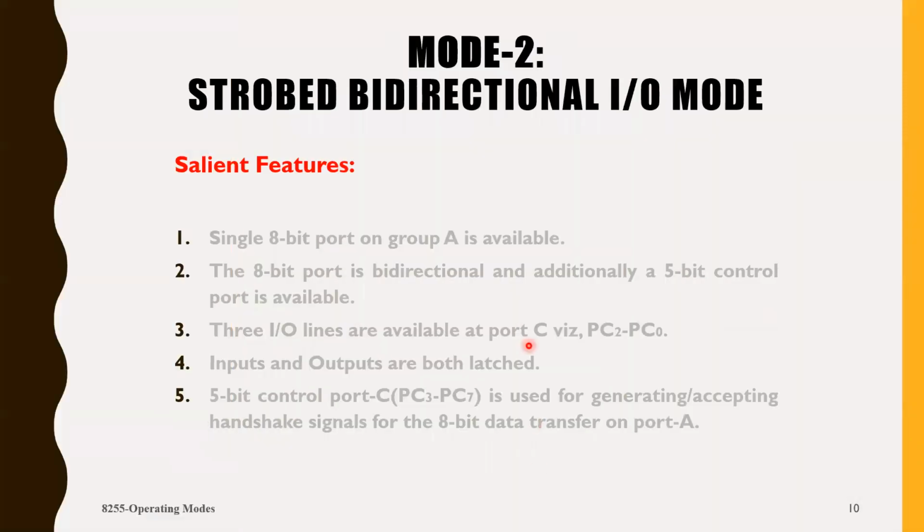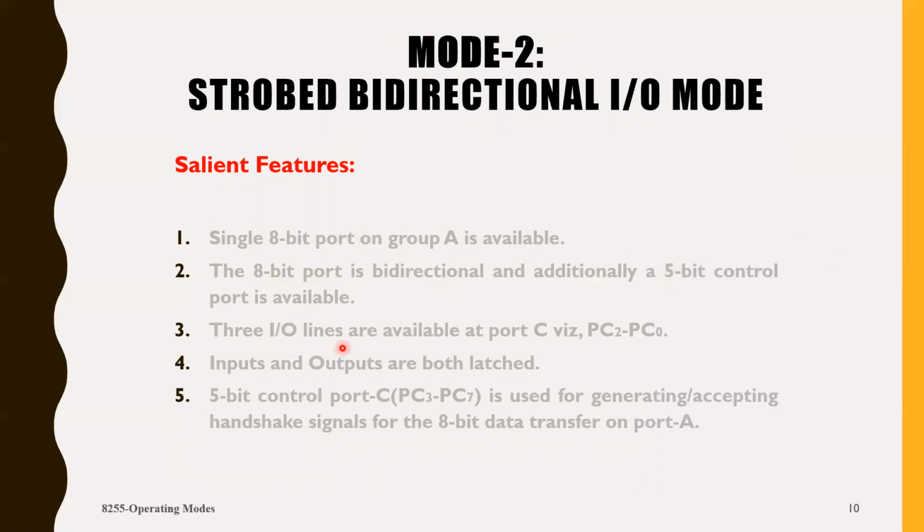Moving on to the next mode, that is mode 2 under the I/O mode. It is called the strobed bidirectional I/O mode. It has the 8-bit port on group A, and the 8-bit port is bidirectional. And additionally, we require a 5-bit control port here.